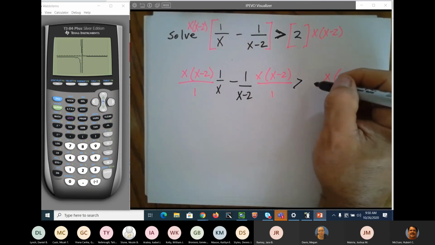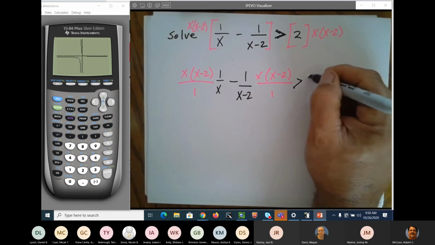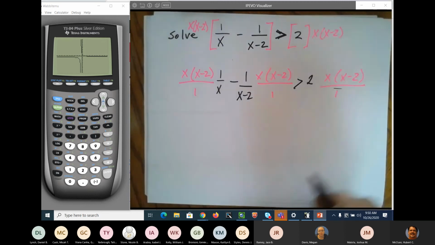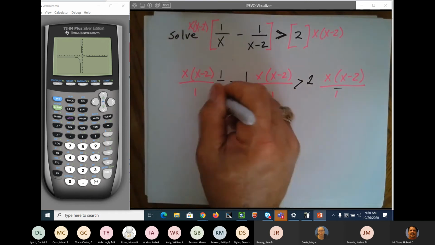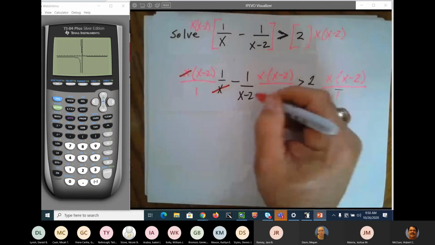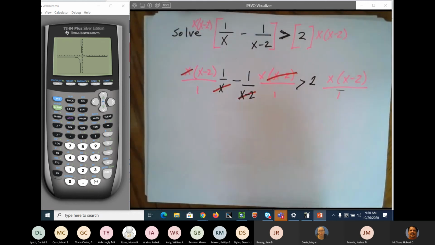And that's going to be 2 times that. And of course, the x goes out here, and then the x minus 2 goes out there.